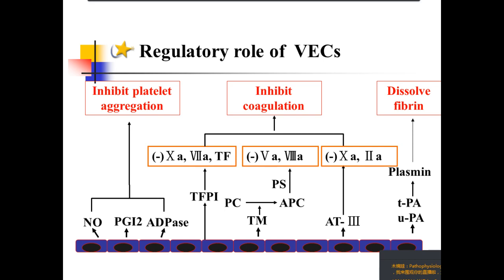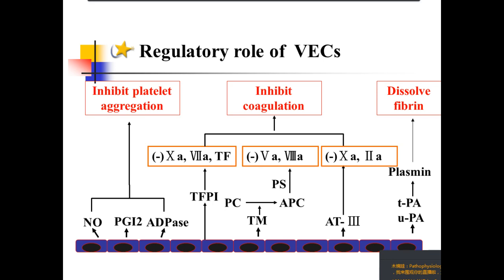Now, antithrombin 3 belongs to serine protease inhibitors. Coagulation factor 2, factor 11, and factor 12 belong to serine proteases. So antithrombin 3 destroys the activity of the coagulation factors, so it has anticoagulation function.